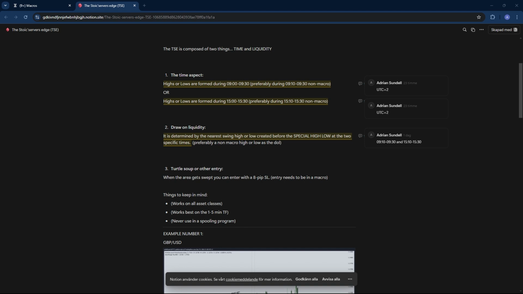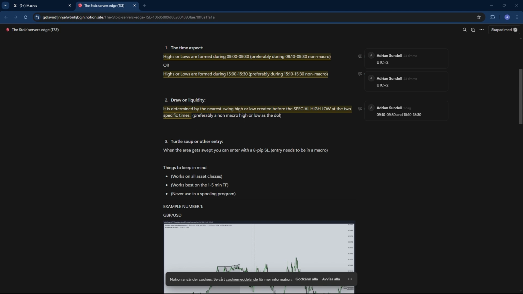You can enter at a turtle soup, which is what this model is precisely made for. However, you could also simply enter at the fair value gap of displacements, etc., or do a 2022 re-entry model or something. Now of course you have turtle soup or some other entry which I've gone over. By this I mean the area that sweeps.